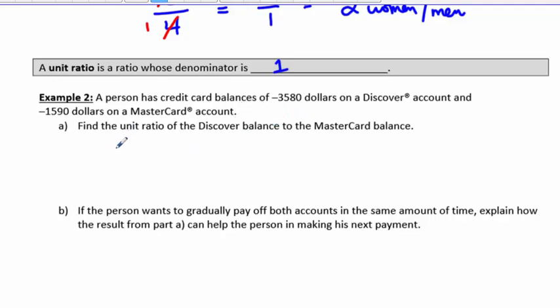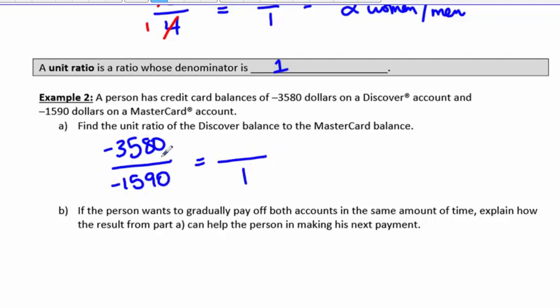Okay, so the ratio would be negative 3,580 to negative 1,590. Now if I want to find the unit ratio, I must divide both of these values by 1,590 so that I can get the denominator to be 1.